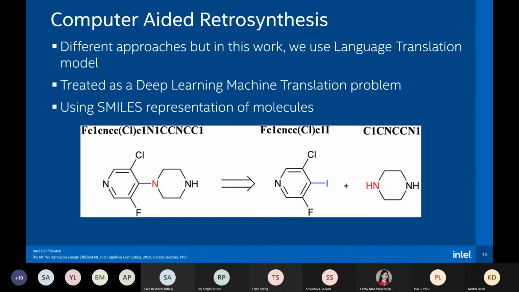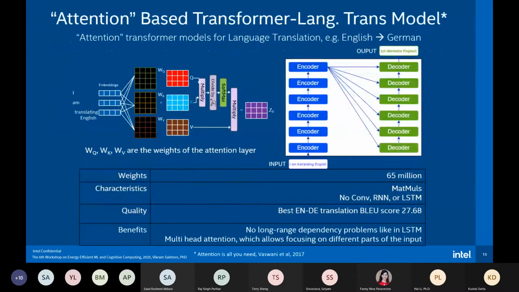So as you can see, this is a chemical compound and its source compounds, and the prediction is what source compounds can be predicted with higher accuracy. Using an attention model, I'm not going to go into too much detail, I guess you all know. Essentially, it's, for example, English to German translation.